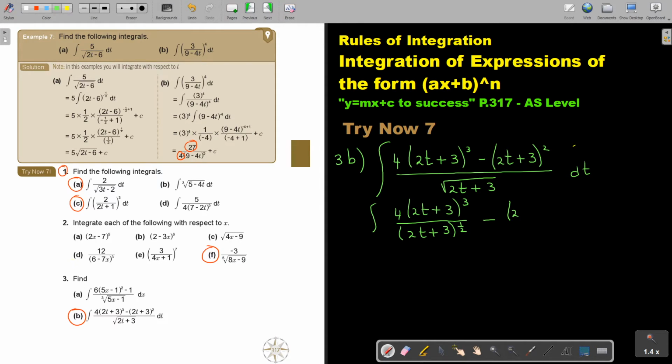So 2t plus 3 squared over, okay, let's just get this step ready. 2t plus 3, that's a bracket, and to the power of a half, and then this is all to dt.